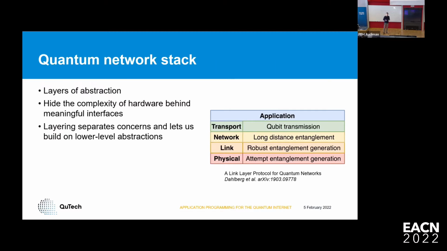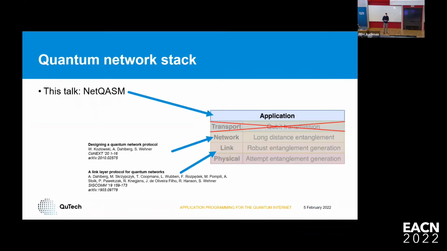The lower layers are there, for example, to generate entanglement between two directly connected links. The network layer is there to provide an entangled link between any two points in a network. If you want to know a bit more about these lower layers, there are publications from QTech about this. There are some titles there.